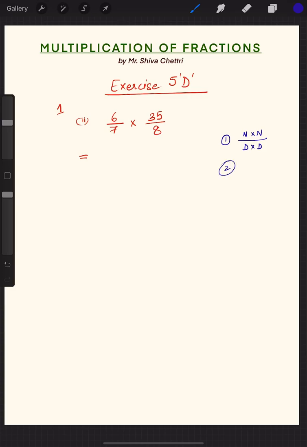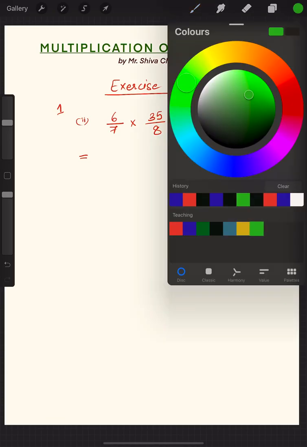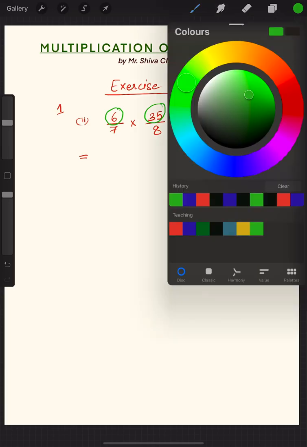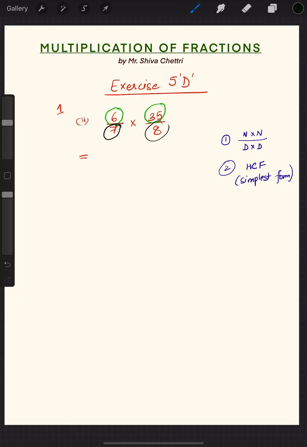Then we'll find the fraction. After that we'll find the HCF. Why HCF? To convert it into simplest form. Then we'll get the desired result. So here green denotes numerator, black denotes denominator.